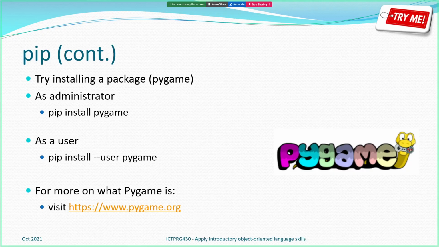And if you want to only make it available to a particular user, then jump into the user and use the pip install --user parameter, and that will only make it available to that user. Whereas if you do the straight pip install Pygame, it'll make it available to everybody.